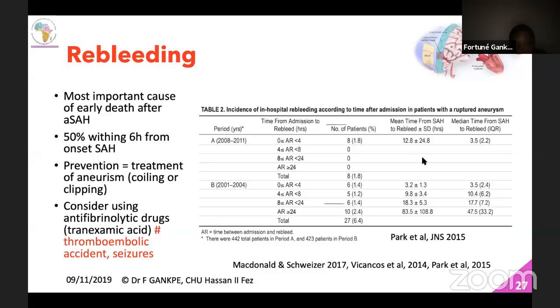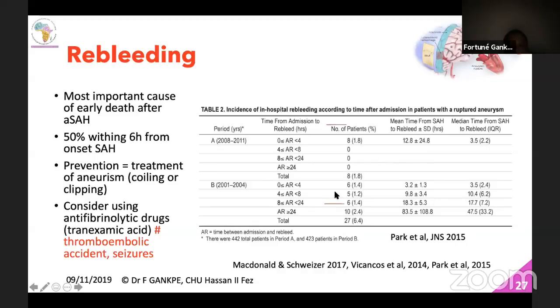To prevent it is just to treat the aneurysm by coiling or clipping. But some authors suggest using antifibrinolytic drugs such as tranexamic acid, but be careful about thromboembolic accidents and seizure when using these drugs.